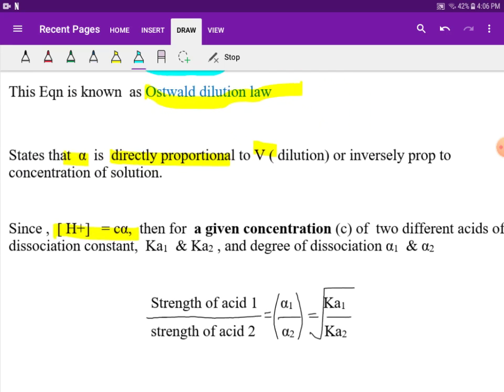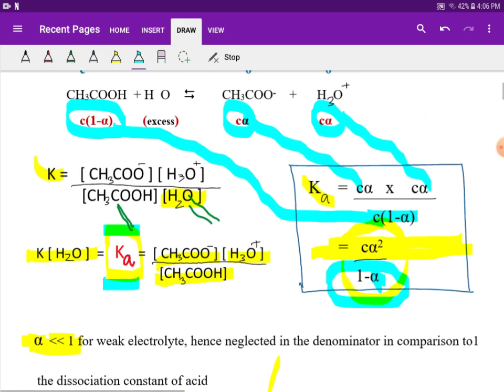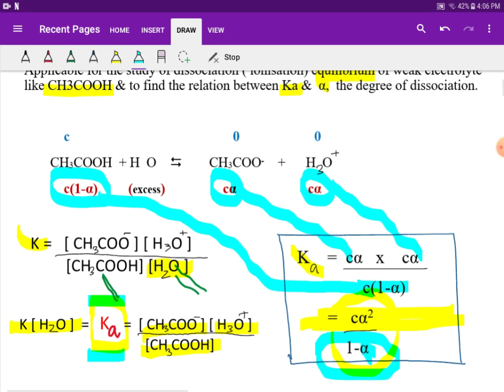And if you look at the equation, the concentration of H plus ion or hydronium ion in the case of a weak acid is C alpha. It is something different from a strong acid. The concentration of the hydronium ion present in the aqueous solution of the weak acid is not the initial concentration of the acid, but it is C alpha.